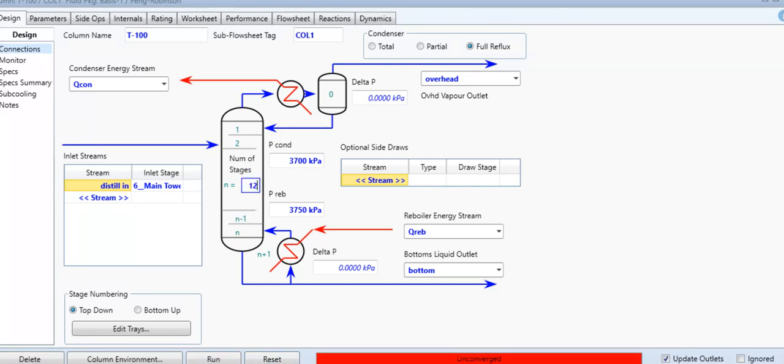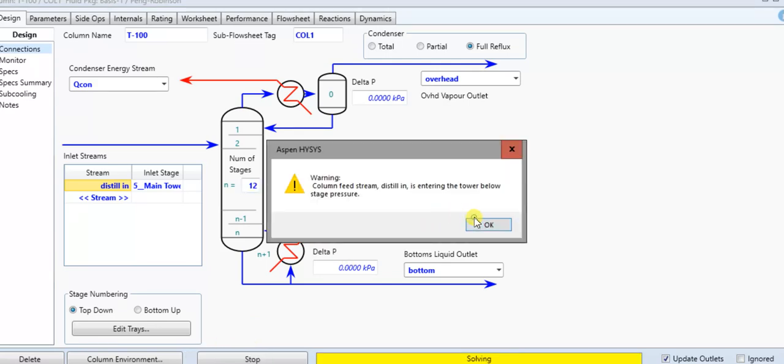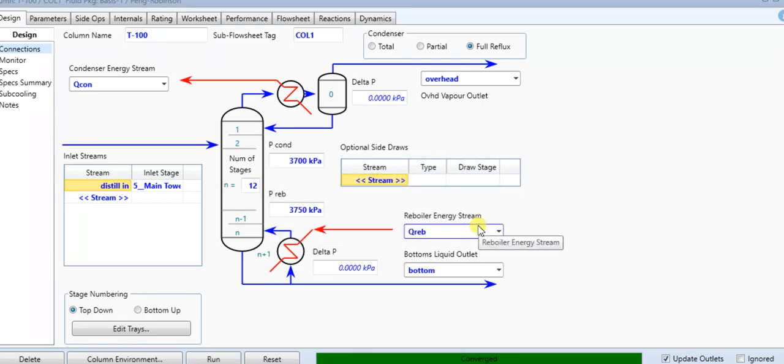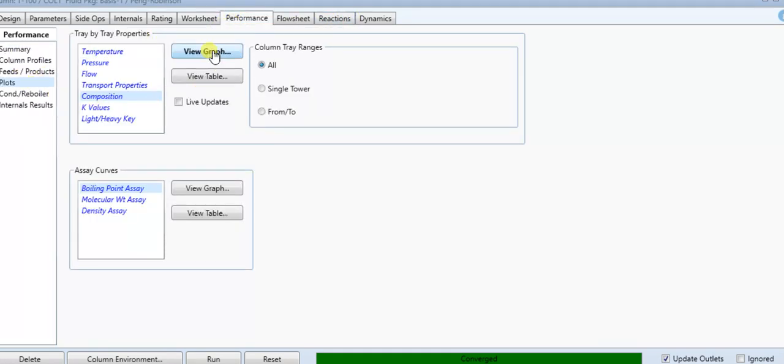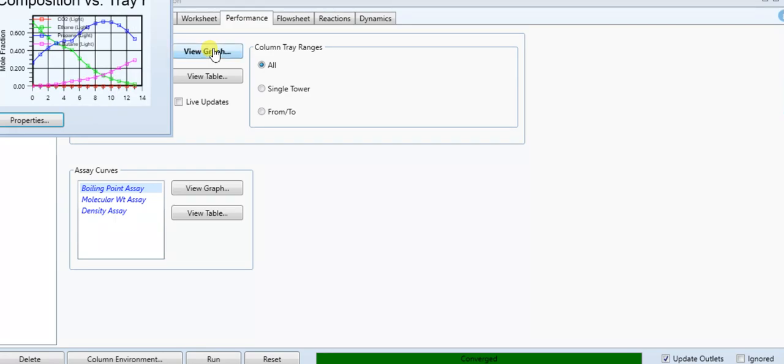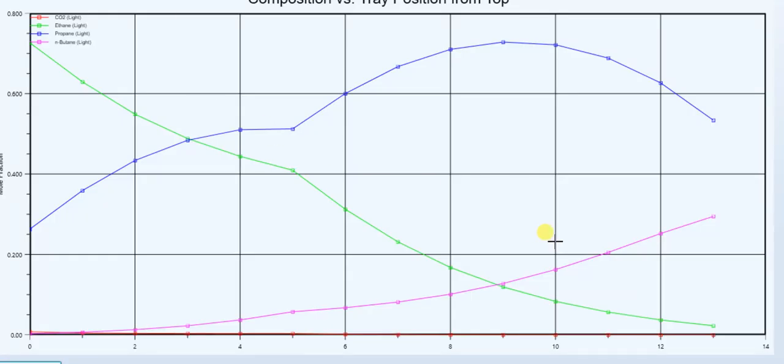Let's try 12 and look at performance. Now you can see the profile is becoming constant.